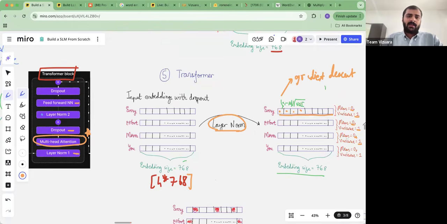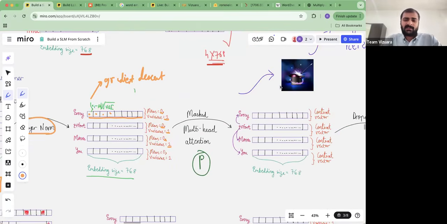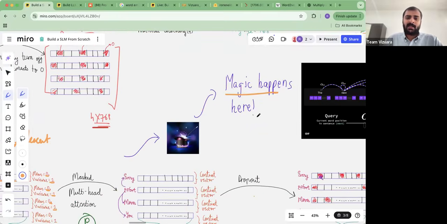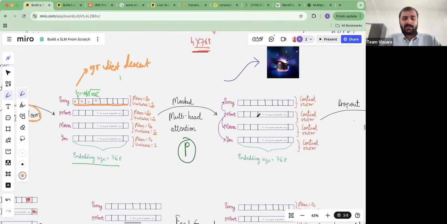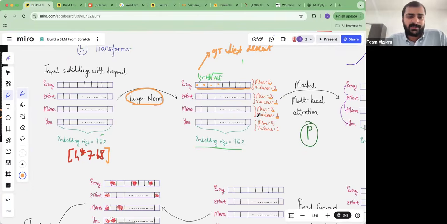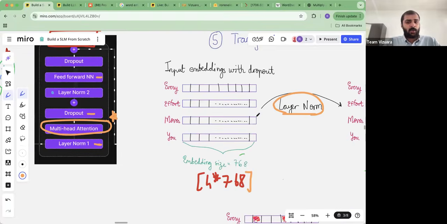That's the first step. Now we come to the second step, which is the masked multi-head attention. For now, this is where the magic happens. That's all I will say right now. I'll come to what this step means. But the reason this step is so important is, pay very careful attention to what I'm saying now. Until this point, there is no interaction between separate tokens, right?